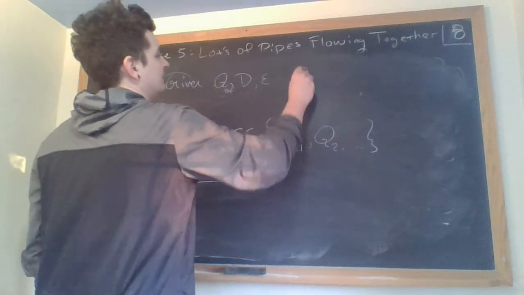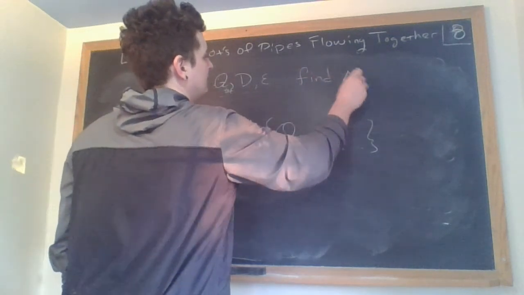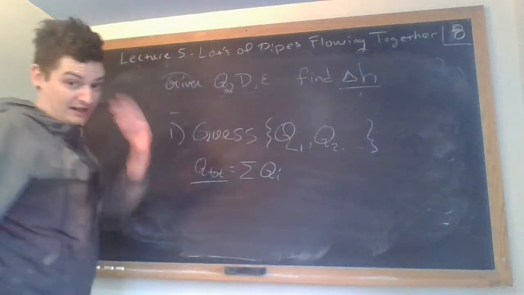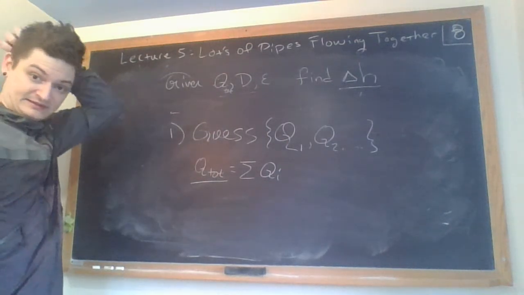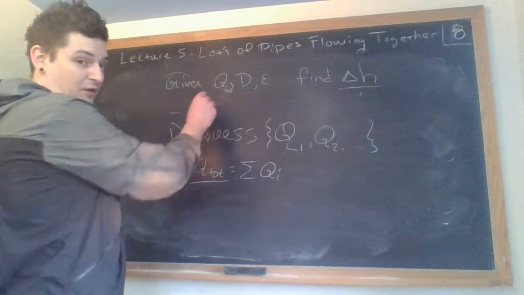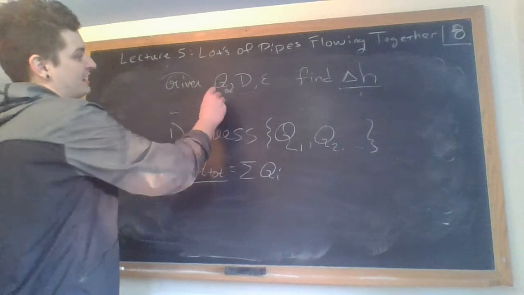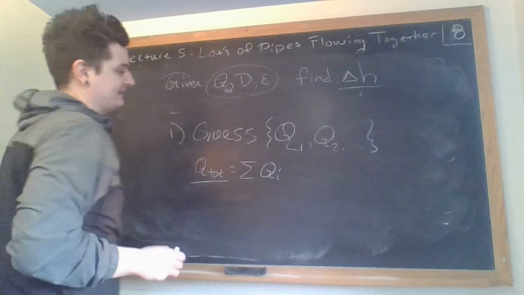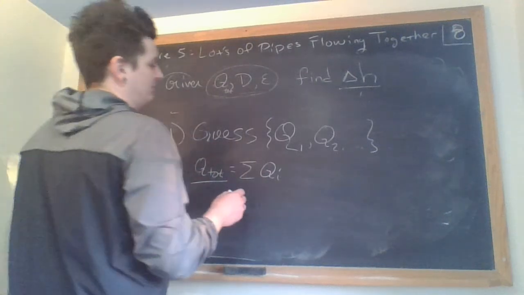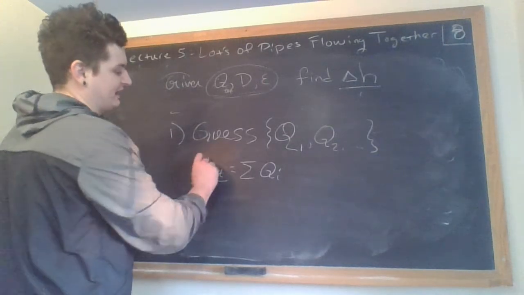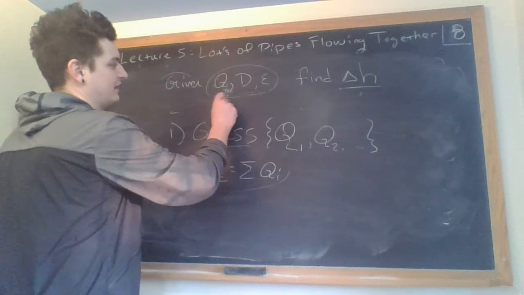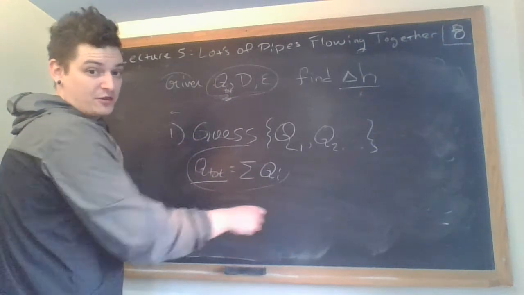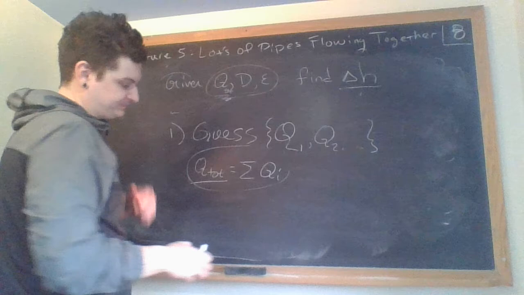And we're trying to find the head loss in a parallel system. When they were all in series, this was easy because you just had to plug in things to a summation formula and then calculate what this is. But for the parallel problem, it's tricky because you actually have to guess how the flow rate that you know is distributed throughout the parallel branches.